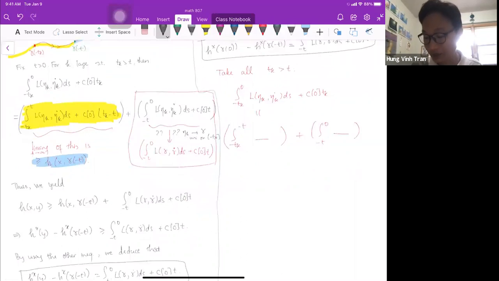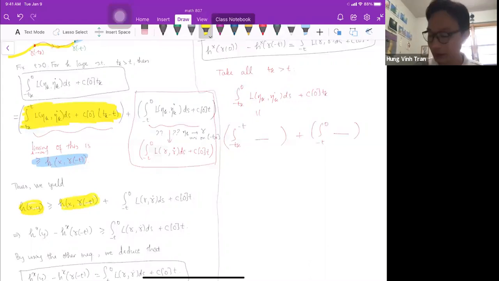Anyway, assuming that I have that convergence, then clearly, the left hand side, when I take the lim inf as tk goes to infinity, is exactly by definition or by the proposition h of xy, right? So h of xy is going to be greater than or equal to h of x of gamma minus t, plus this cost function naturally, right?